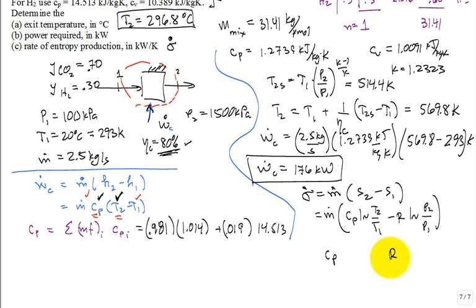That's a little slicker if you do it that way, but look, it'll work that way as well. So if I say I need the C sub P of the mixture, already have it. How about R of the mixture? It's going to be R bar divided by the molar mass of the mixture, which we calculated. True? We calculated it to be 31.41.